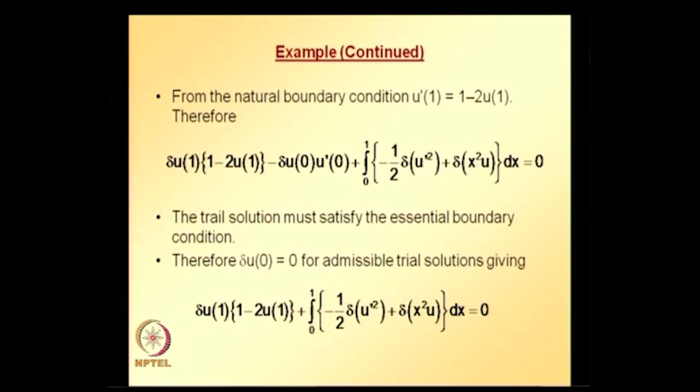So the second term appearing in this equation becomes 0, you will be left with the first term and the third term, that is what is shown here in this equation. We cannot eliminate any more of the terms, because no more essential boundary conditions are given, but we can use some variational identities to simplify this.